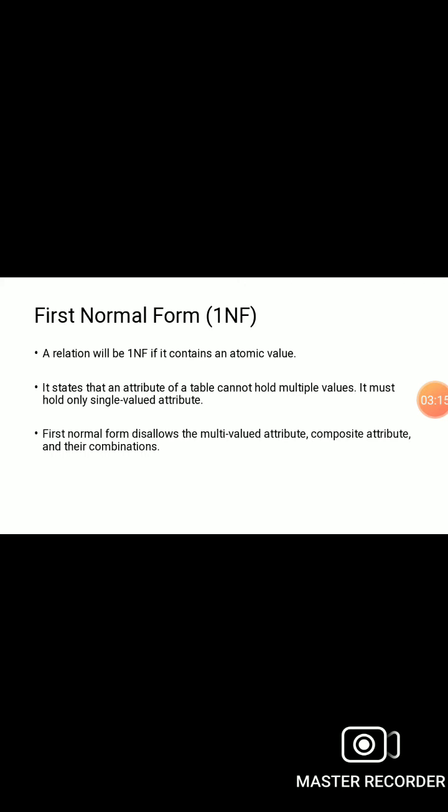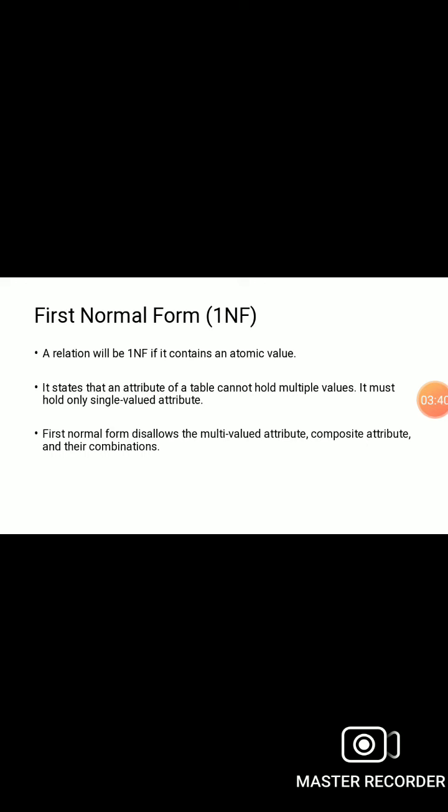Here, the first normal form: a relation will be in one NF, first normal form, if it contains atomic values. It states that an attribute of a table cannot hold multiple values. It must hold only a single value.